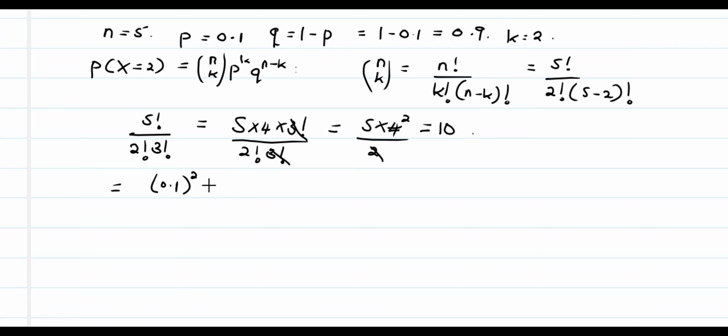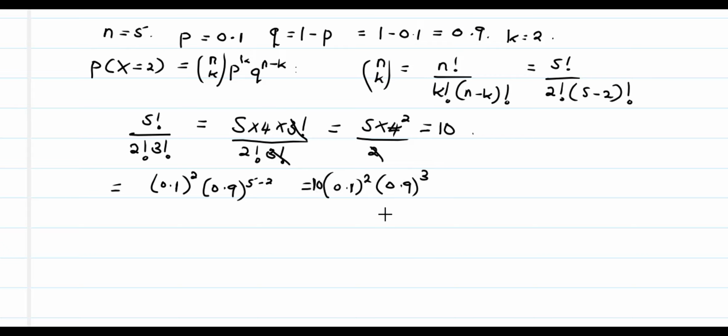Then we already know q because we got it here as 0.9, but now raised to power n minus k, and we already know n is 5, so 5 minus 2, which becomes 0.1 squared, then again 0.9 raised to power 3. But don't forget, we also have a 10 somewhere here. So after we do all that calculation, we need to multiply by 10.